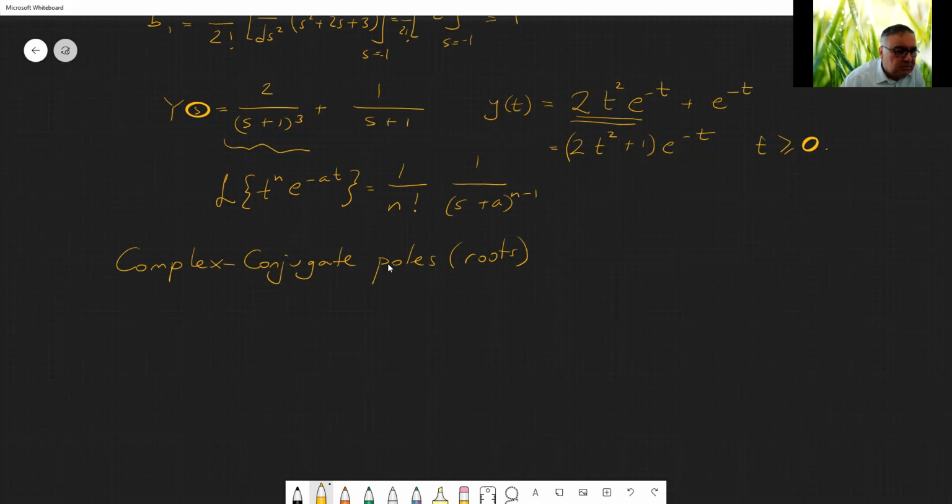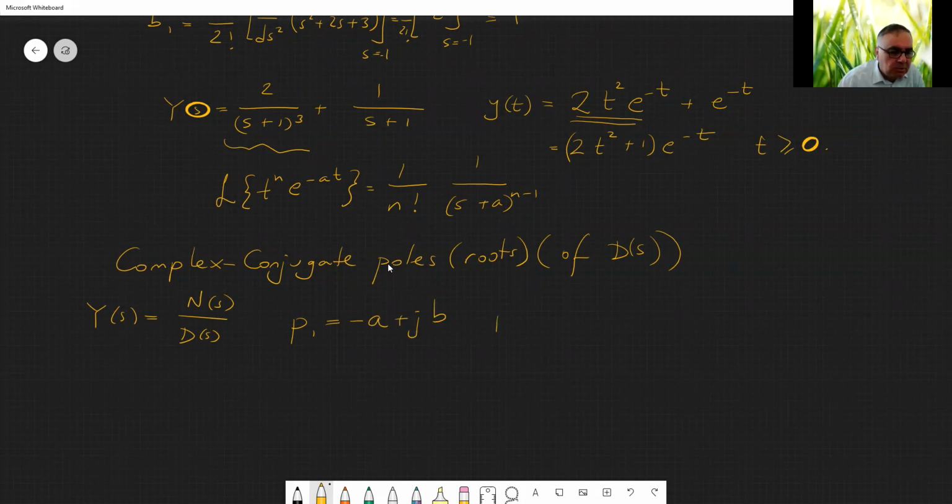Now, the poles are roots of the denominator, D of s. So you have Y of s equals N of s over D of s. D of s has complex conjugate poles, where p1 is, let's say, minus a plus jb. And if you have a complex pole, there will always be the conjugate of that: minus a minus jb.